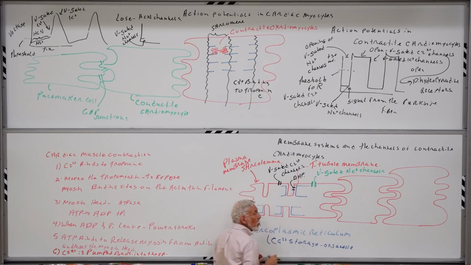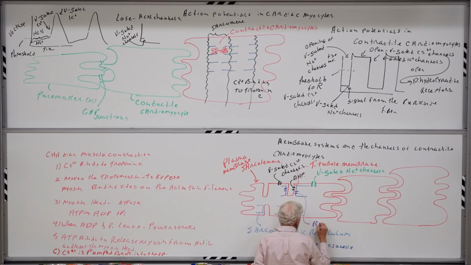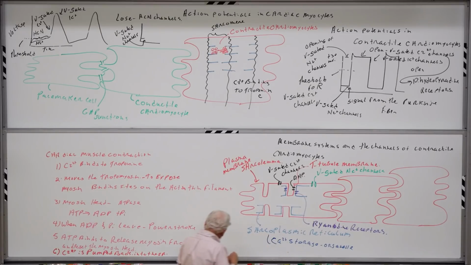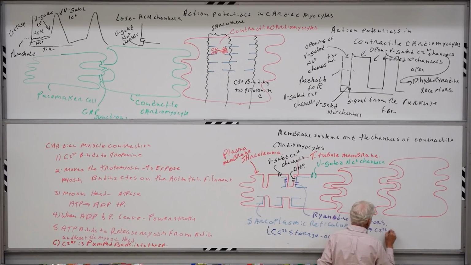Well, if we look at this pattern, we see again that in the T-tubule membrane, there are these DHP receptors, the dihydropyridine receptors, and we find similarly there are transmembrane proteins in the sarcoplasmic reticulum, and these are known as ryanodine receptors. These ryanodine receptors, just as we saw in skeletal muscle, are also calcium channels.